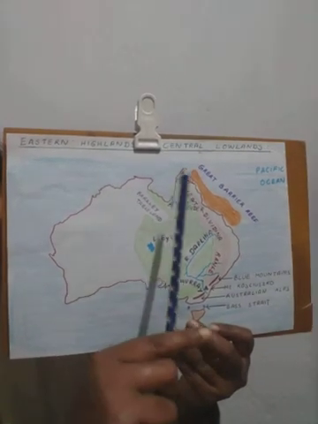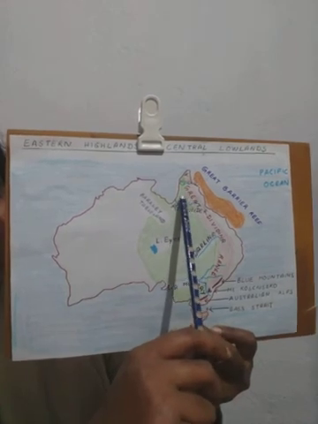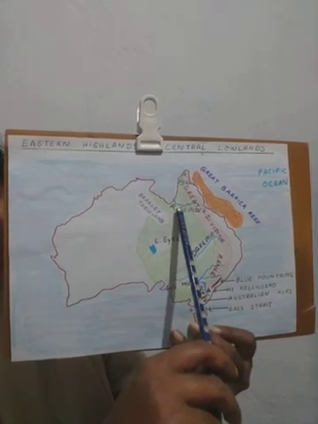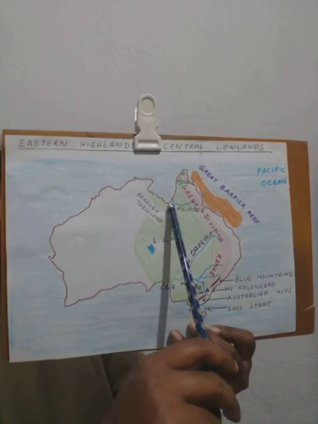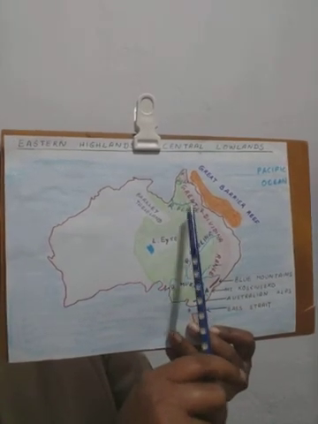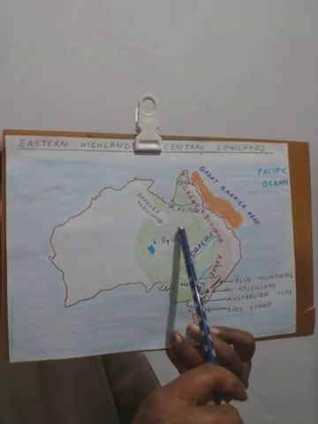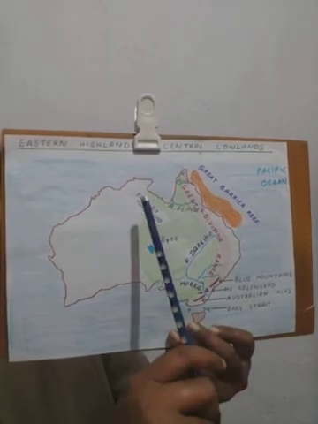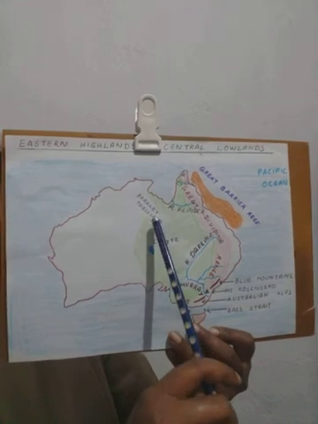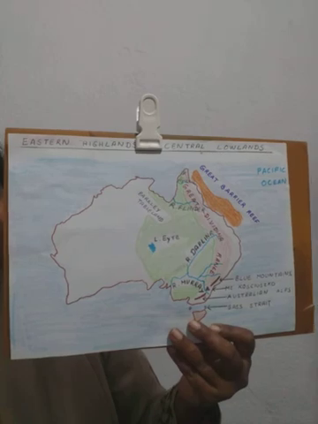And lastly, in the north, here are the Carpentarian lowlands, which are drained by some important rivers here like River Flinders and River Michel. They are separated from Lake Eyre Basin through plateaus like Barclay Tableland and Selwyn Range here.